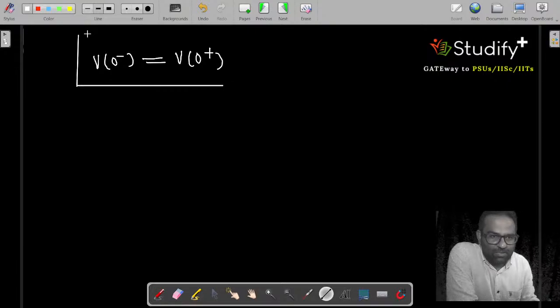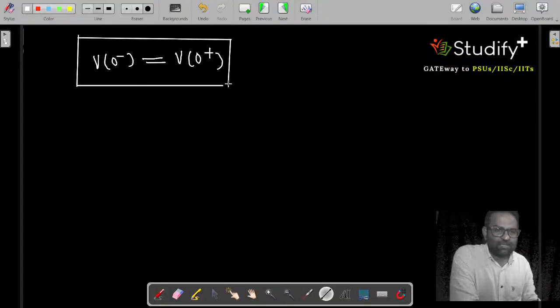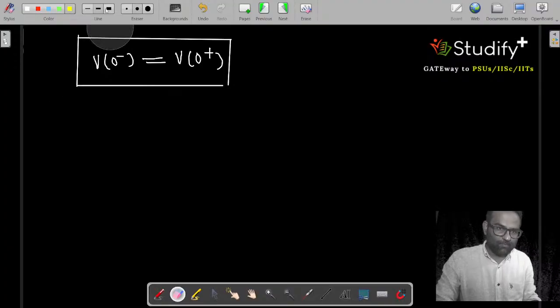What is the second concept we are having? The voltage across a capacitor will not change abruptly. Very important concept.